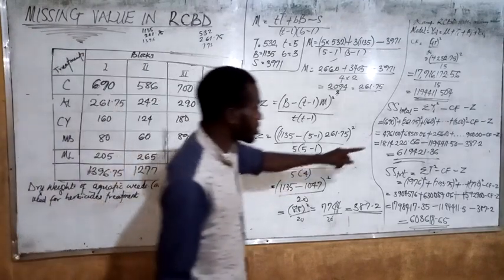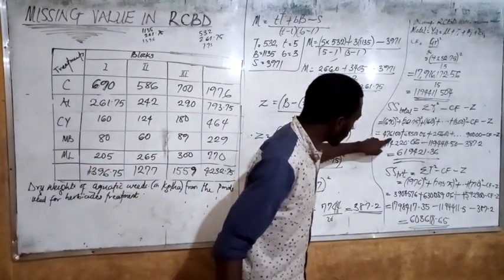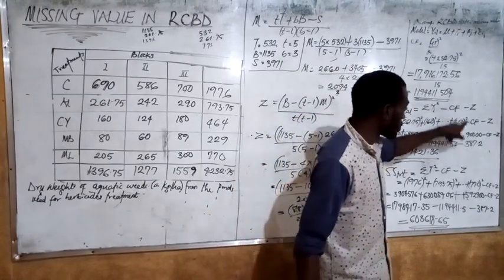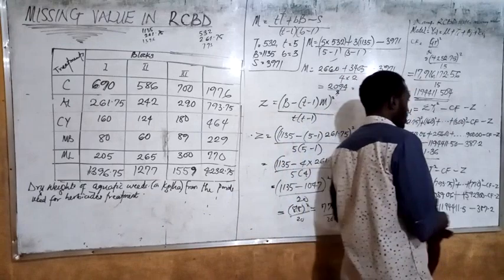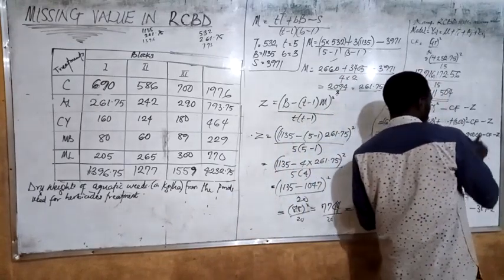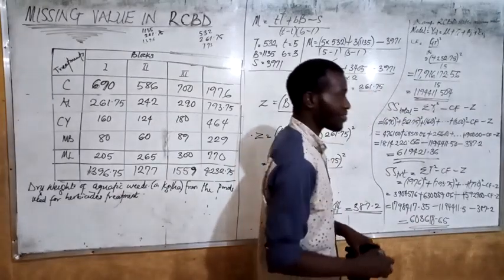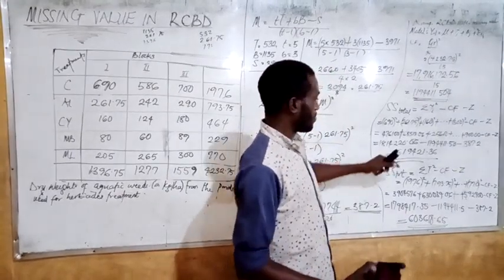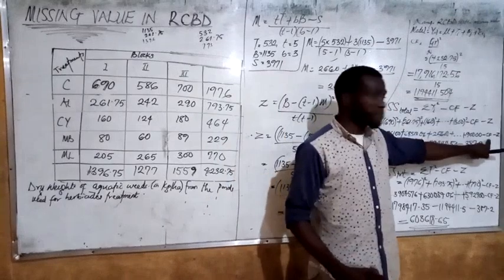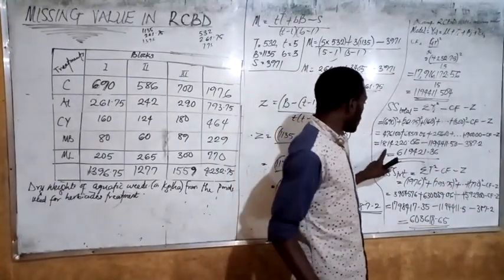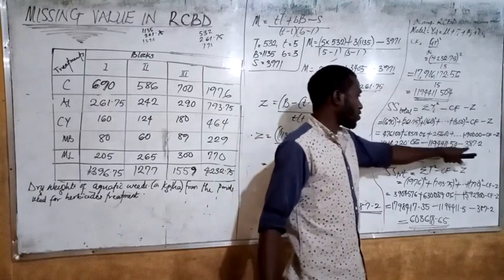Then I will now compute the values of those ones. This squared to give me this, plus dot dot dot, plus this squared, 300 squared, give me 90k, whatever. So then minus correction factor, minus z. Alright? Then we have this minus correction factor, then minus z.